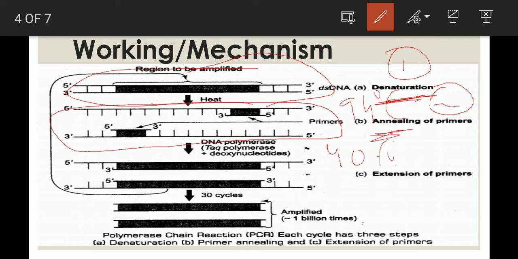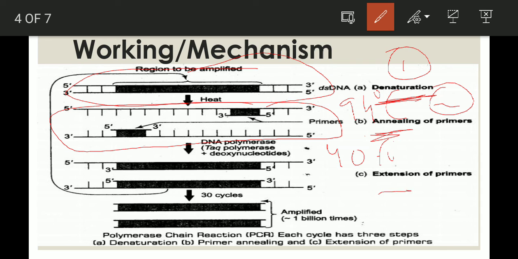In this, the two nucleotide primers join to each of the single stranded template DNA, in presence of the synthetic oligonucleotide. This step is known as annealing.